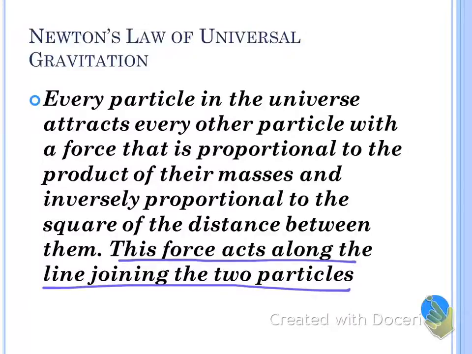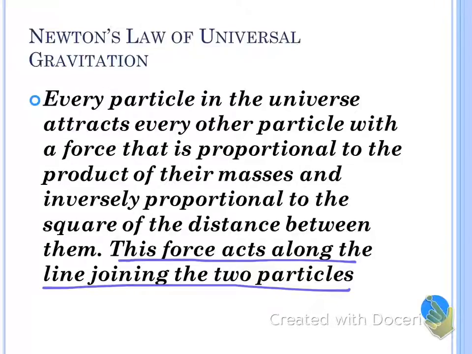Okay, so in this definition, I want you to think about this last sentence and what that means. This force acts along the line joining the two particles. So this says every particle in the universe attracts every other particle. So every single thing in this universe is being attracted to each other, right? You have a gravitational force between you and another person, this desk, whatever it is.